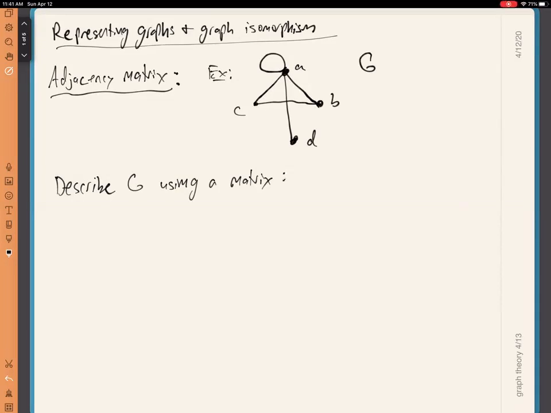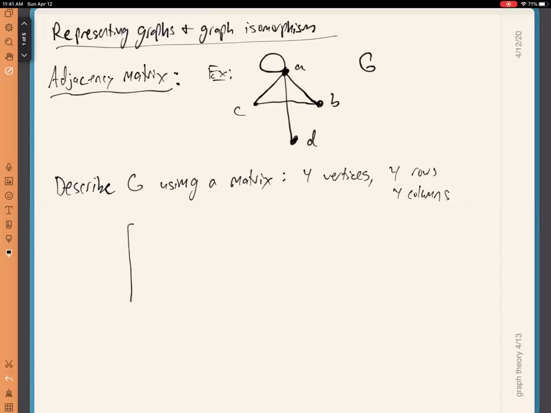And so what are we going to do? Well, we have 4 vertices. So with the matrix, we'll have 4 rows and 4 columns. And we're going to label each row and each column according to the respective vertices.